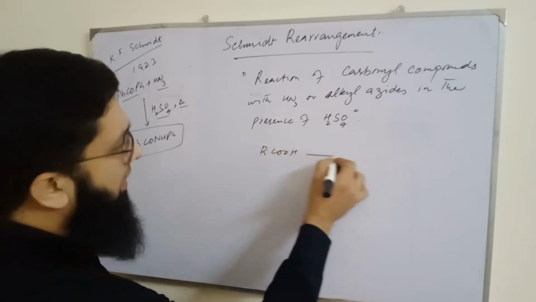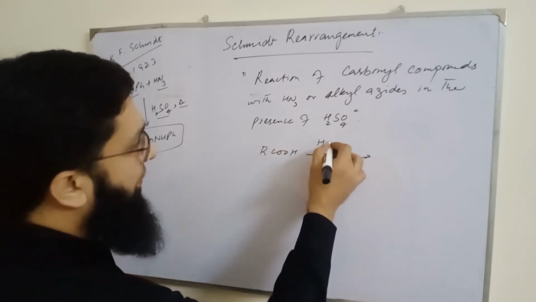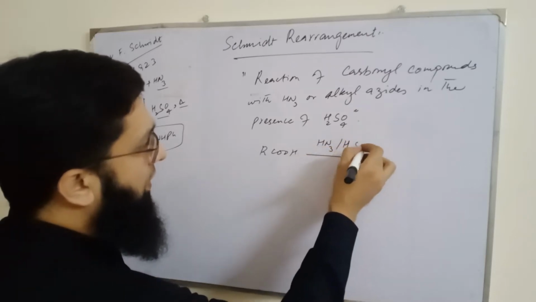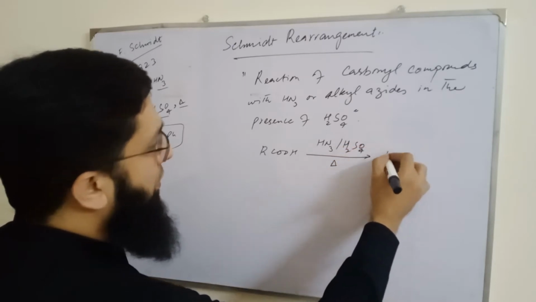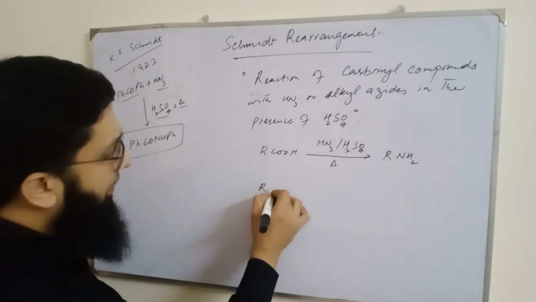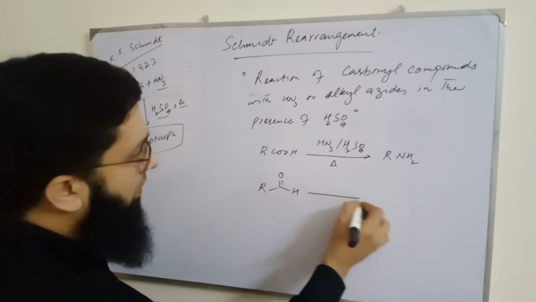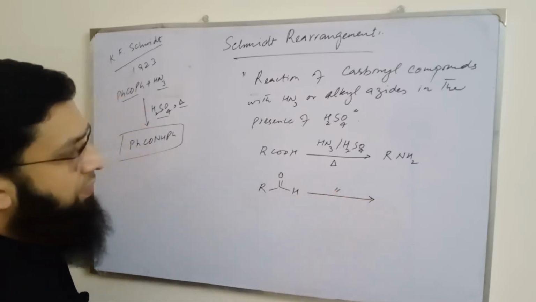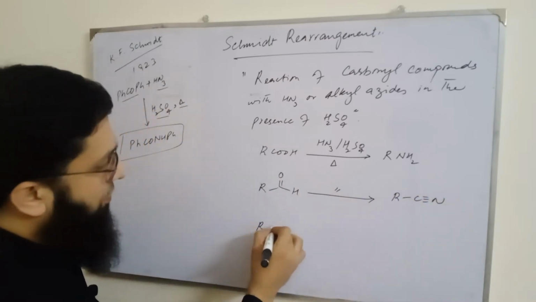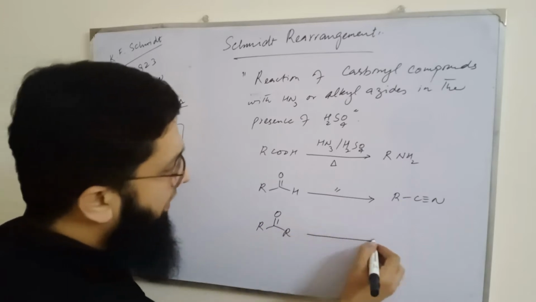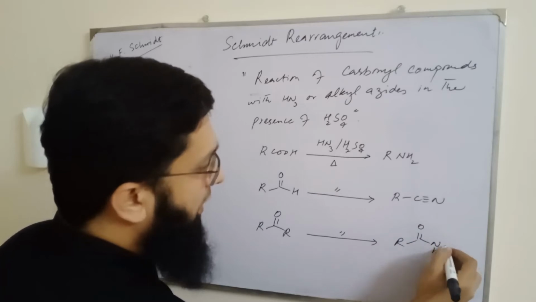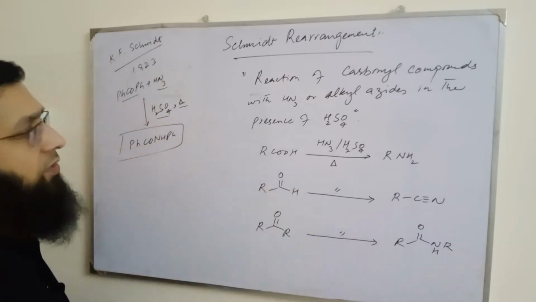Carboxylic acid can be converted in the presence of hydrazoic acid and sulfuric acid, heat to corresponding amine, and aldehyde can be converted in similar conditions to nitriles, and ketones can be converted to N-substituted amides under similar conditions.